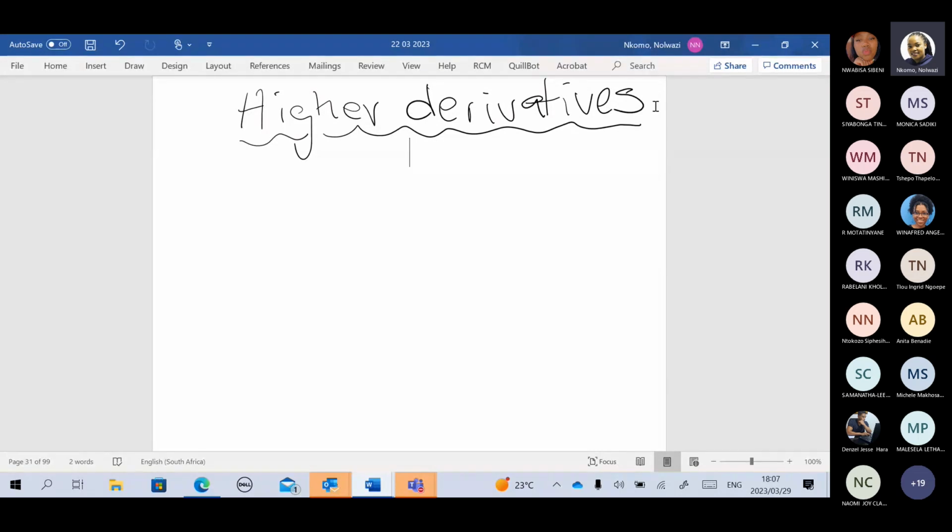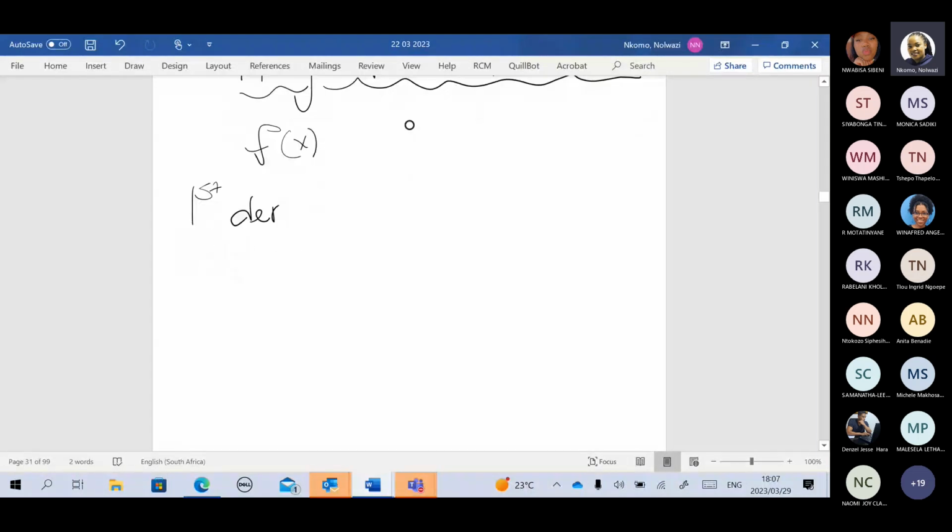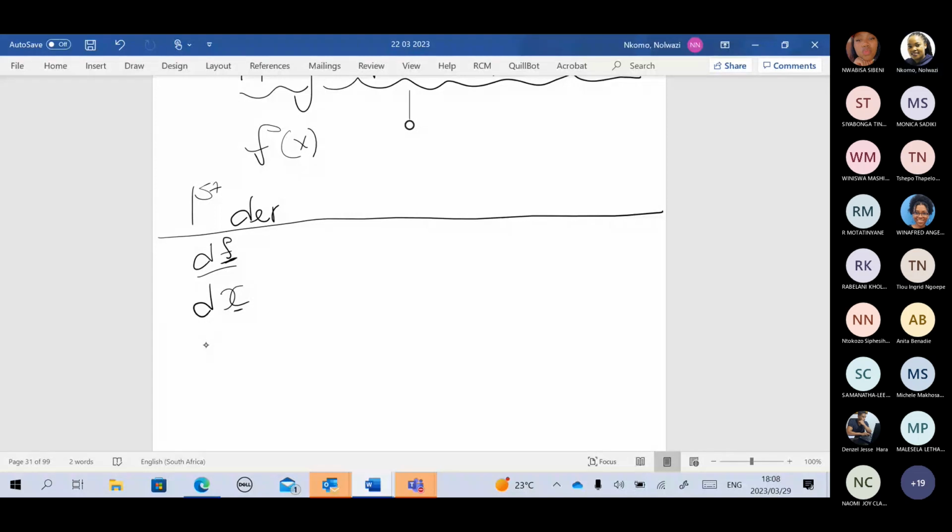For the first order derivative, you'll use df/dx, meaning we are differentiating a function f with respect to x, right? Or we can write this as f prime of x. That's what you use to represent the first order derivative, meaning we are differentiating a function once.